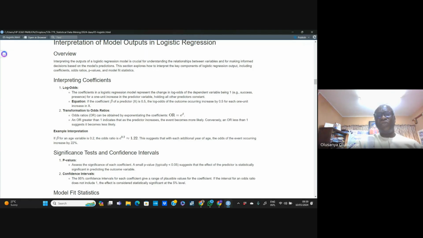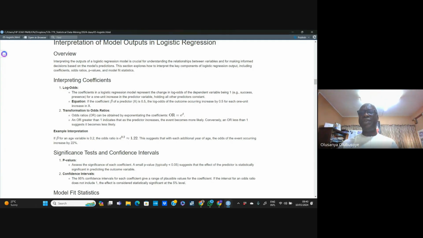Since 1.22 is above 1, it suggests that for each additional year of age, remember age is the predictor variable, the odds of the event occurring will increase by 22%.